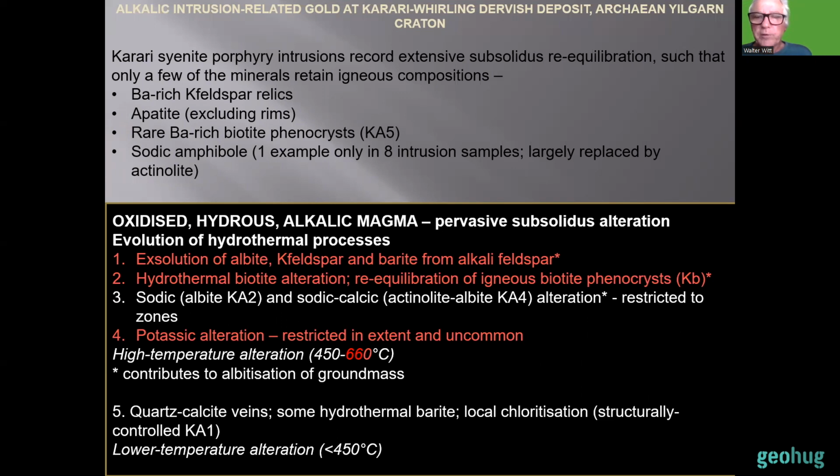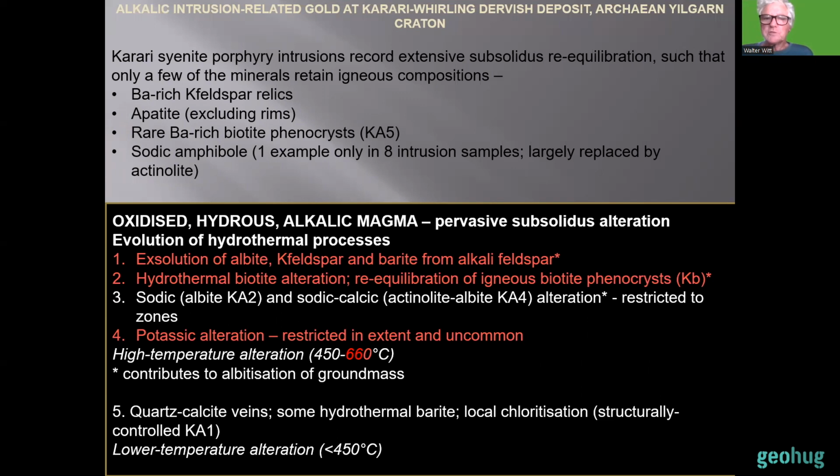These include the barium-rich K-feldspar relics, the apatite grains, excluding the compositionally modified rims, rare instances of barium-rich biotite phenocrysts, and the one example of sodic amphibole.